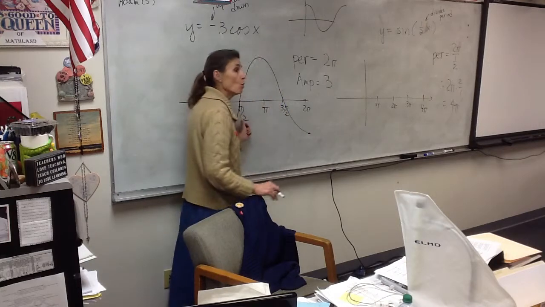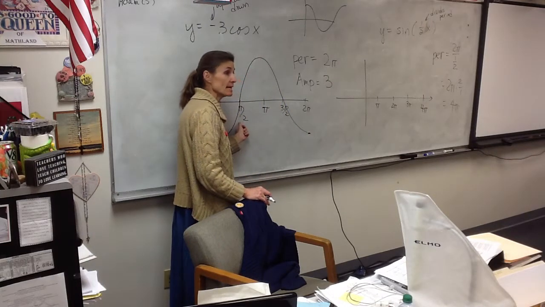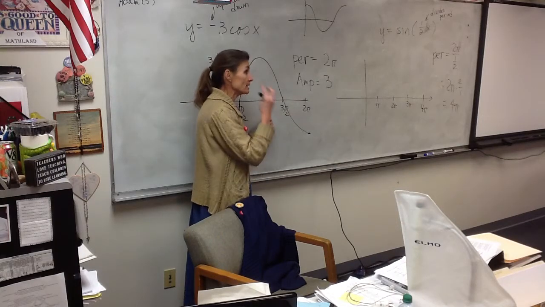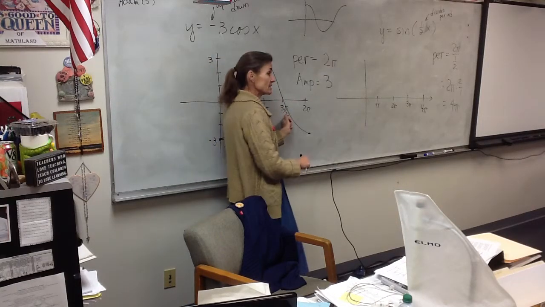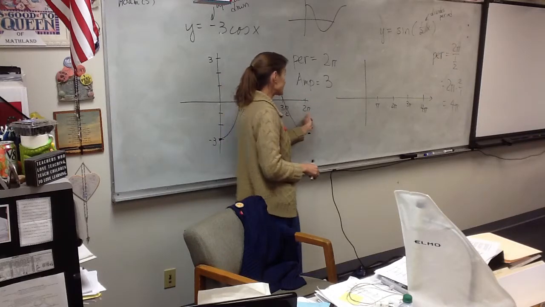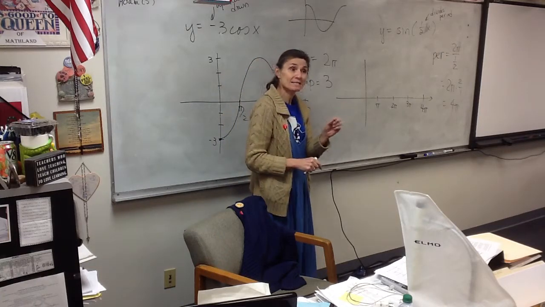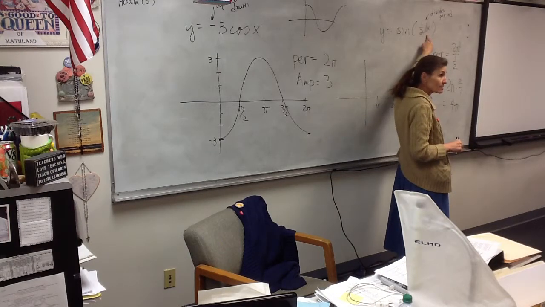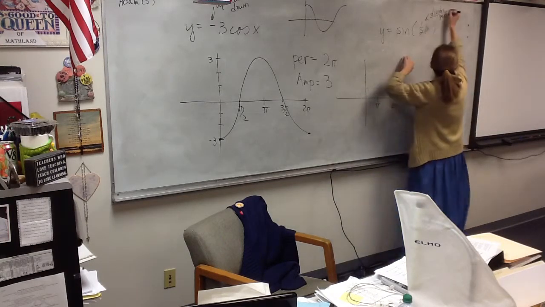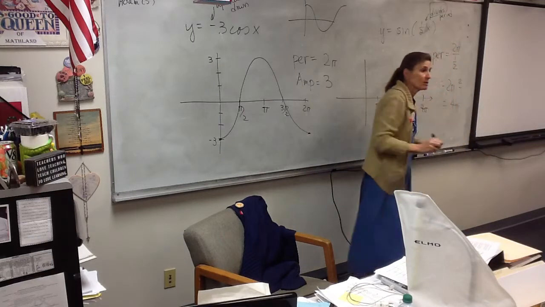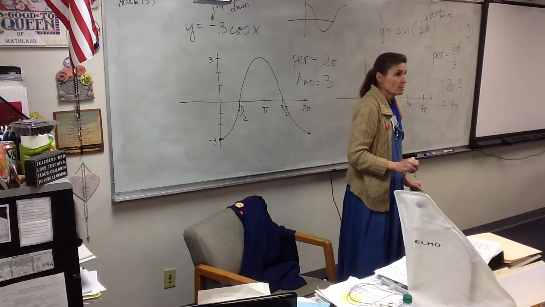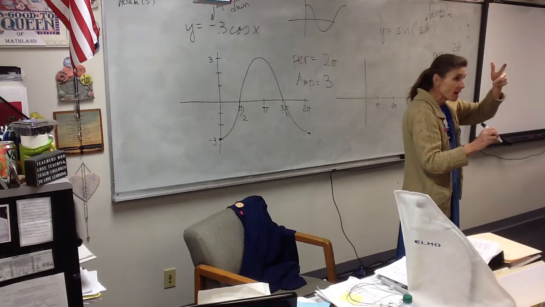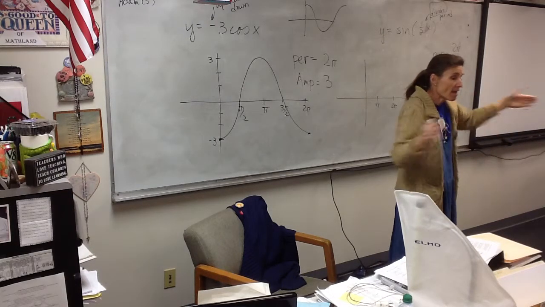Instead of 1/2, it got doubled. Now it's 1. Instead of 1, it's doubled, it's 2. This is doubled, so it's 3, and this is doubled, so it's 4. And why is it doubled? Because you have a coefficient on the x, and that coefficient divides the period. When you divide by 1/2, you're really timesing by 2. So everything got doubled.